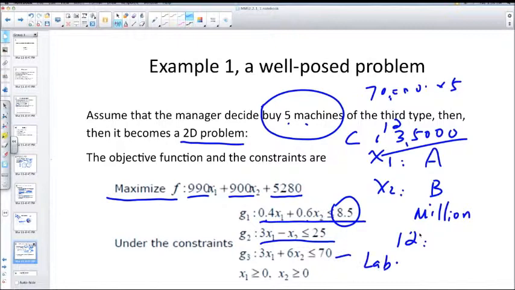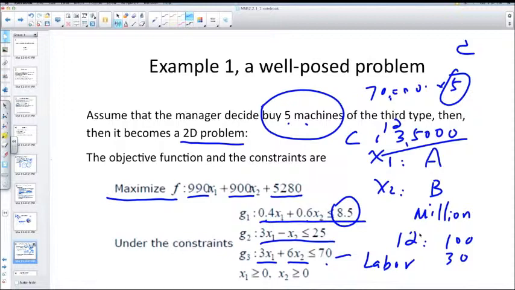You start with 100 operators, and the type C machine takes 30 of the labor. You have 70 left. And then to operate the first machine, you need 3 operators per day, and for the second machine, you need 6 operators a day. So you have the 3 constraints.